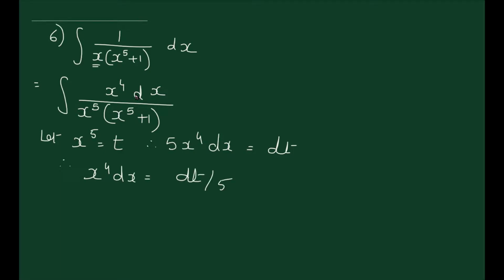Now, as you can see over here, our numerator itself is x raised to 4 dx. So we can substitute that x raised to 4 dx as dt upon 5. And therefore, our integral upon substitution becomes dt upon 5 upon, now x raised to 5 is t, we substituted it over here, so t into t plus 1. So this is how our integral becomes.